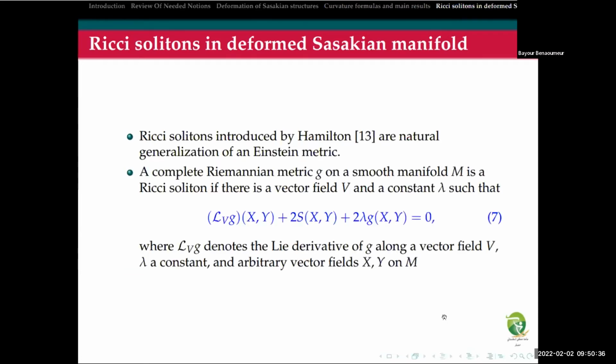A complete Riemannian metric g on a smooth manifold M is a Ricci soliton if there is a vector field V and a constant lambda such that formula 7 is verified, where L_V g denotes the Lie derivative of g along the vector field V, lambda is a constant, and X, Y are arbitrary vector fields on M.